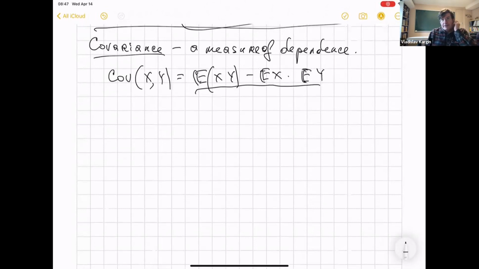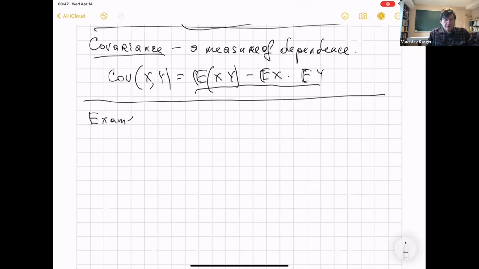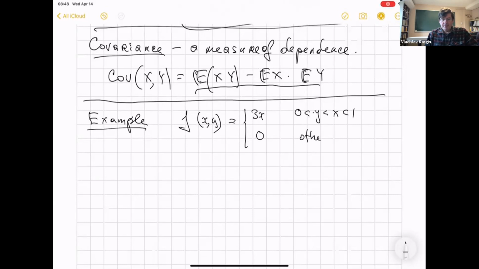All right, so let's start. Let's look at the specific example, the one that we always use here. f of x, y is equal to 3x if 0 is smaller than y, smaller than x, smaller than 1, and 0 otherwise.